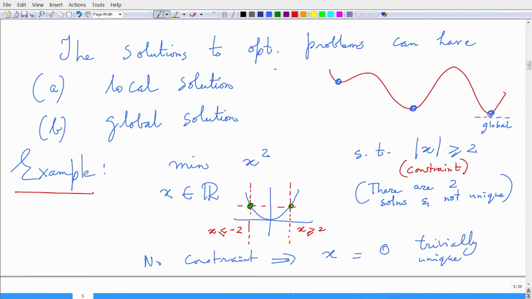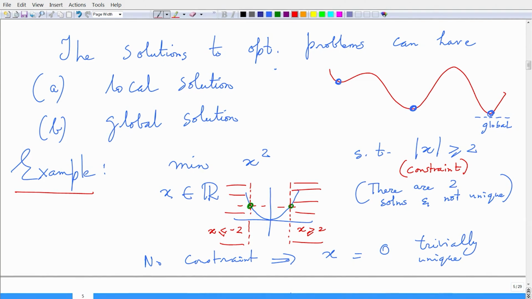That comprises these regions that I am shading here in red, where we have to optimize the objective function. At x equals plus 2 and x equals minus 2, those are the points where this curve has minimum values.